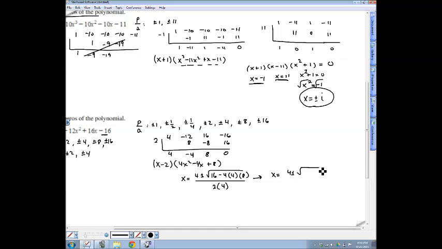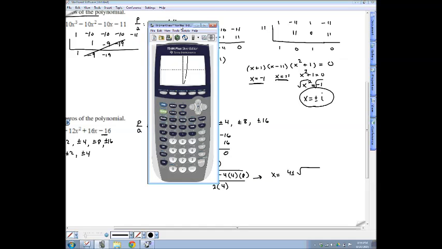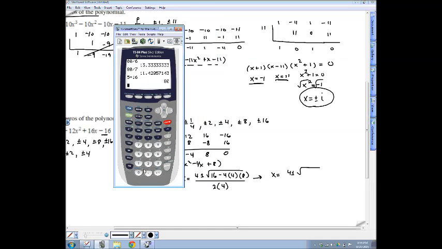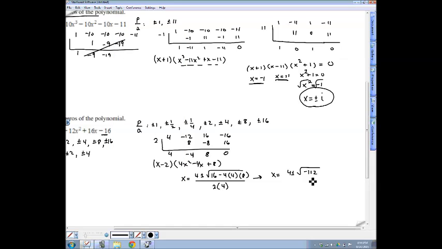So 4 plus or minus the square root of 16 minus 4 times 4 times 8. I would recommend, rather than trying some mental math on some of these problems, that you check it on a calculator. 16 minus 4 times 4 times 8 is negative 112.